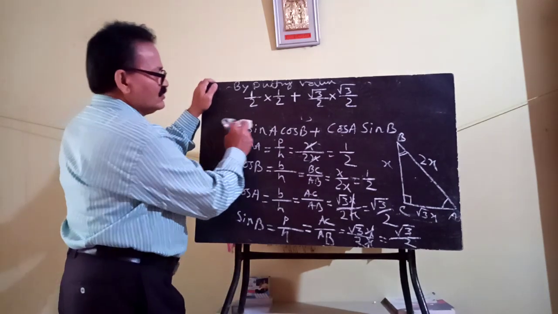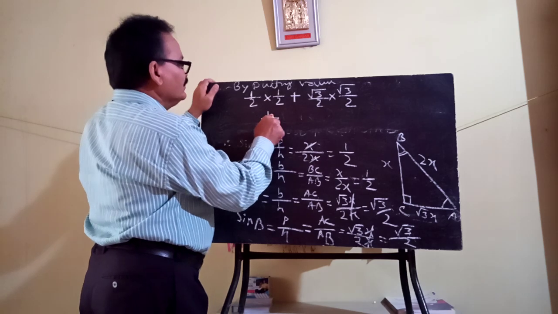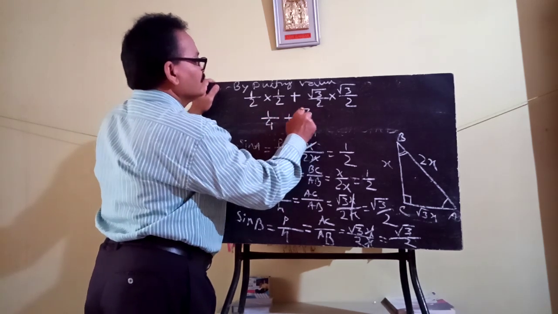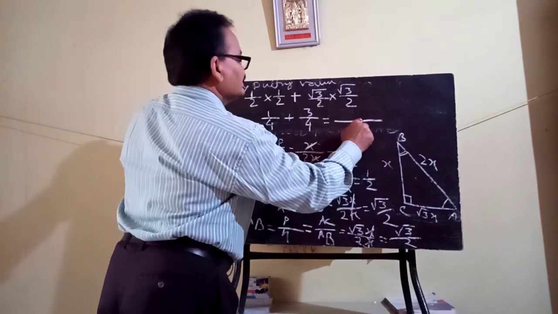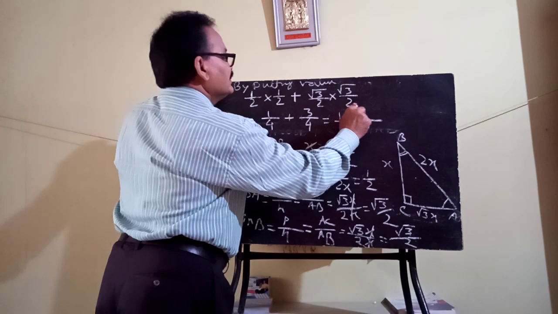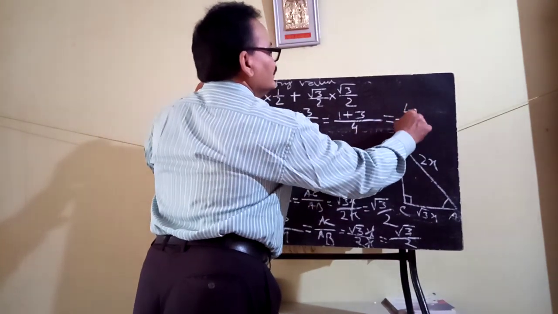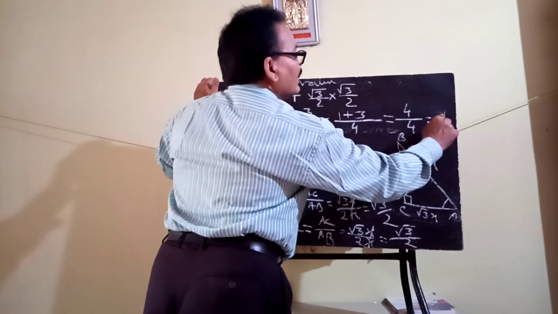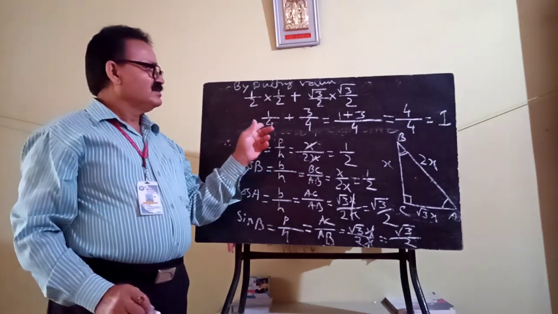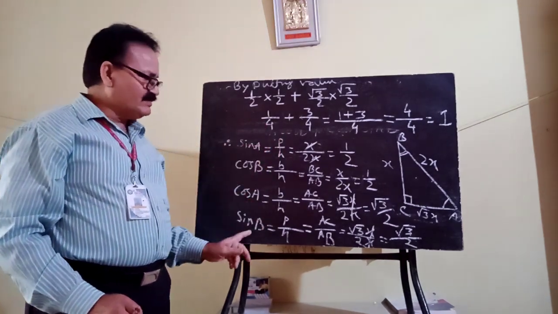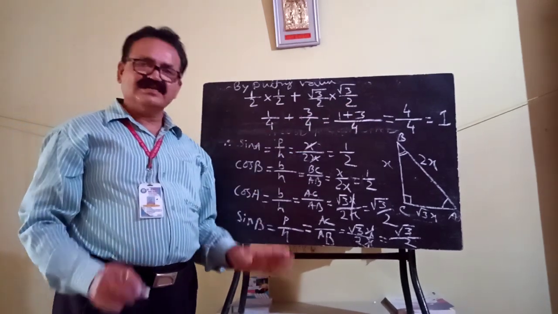So what is your final outcome? This is 1 by 4 plus 3 by 4. Take LCM as 4: 1 plus 3, so this is 4 by 4, which equals 1. After substituting all these values that you have determined and solving, you get the answer 1.